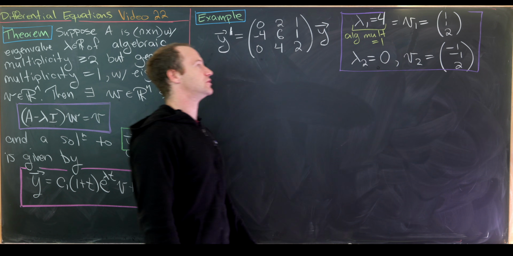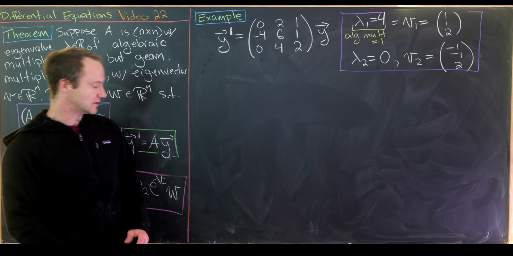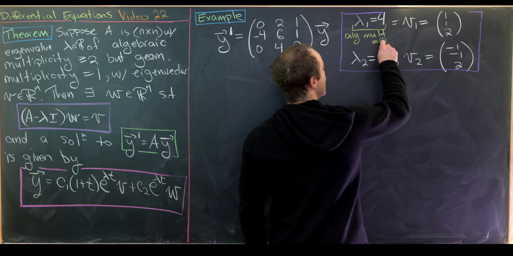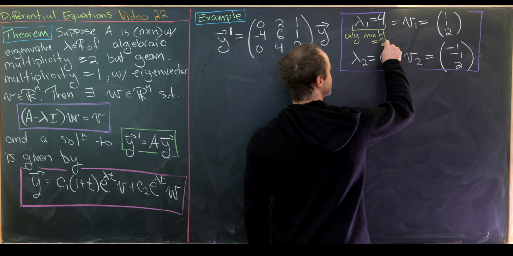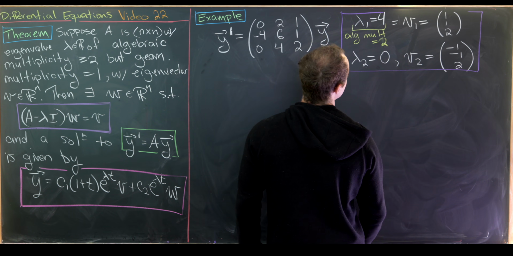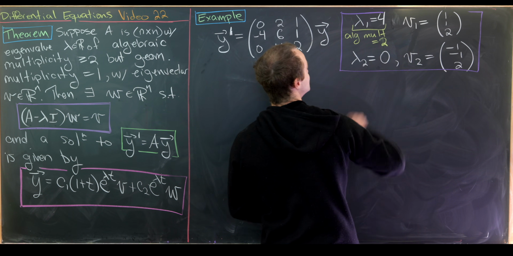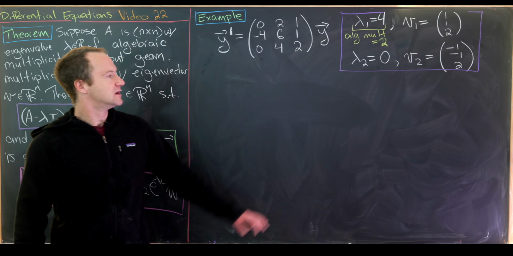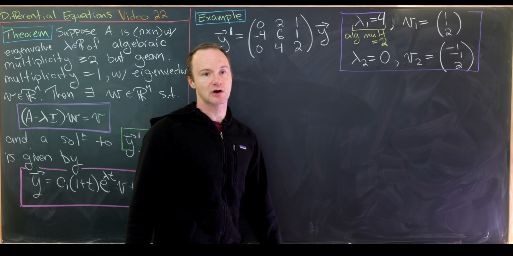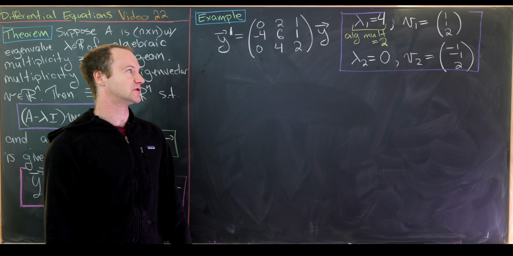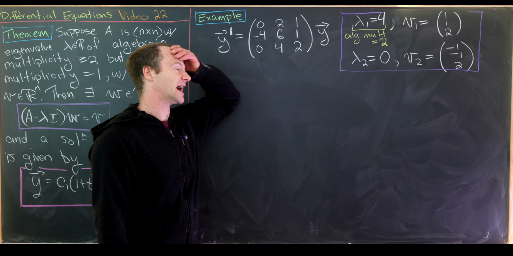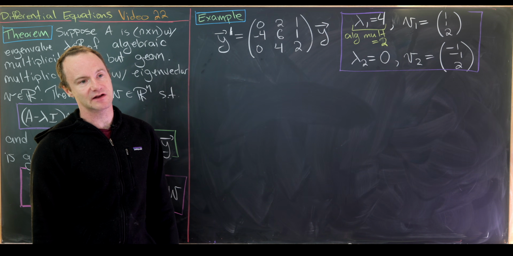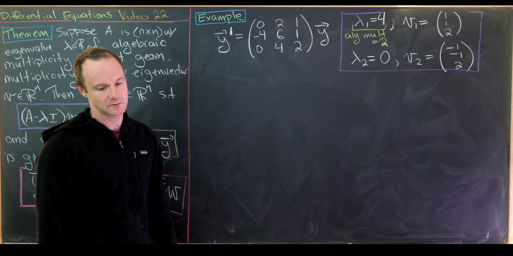Furthermore, the eigenvalue 4 has algebraic multiplicity equal to 2, but it has a geometric multiplicity of 1, and its eigenvector, which I'll call V1, is 1, 1, 2. Now, lambda 2 equals 0 has algebraic and geometric multiplicity 1, so that has eigenvector V2, which you can calculate to be negative 1, negative 1, 0.